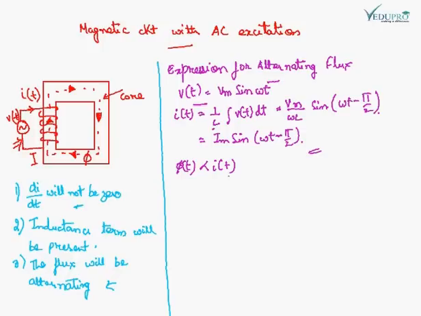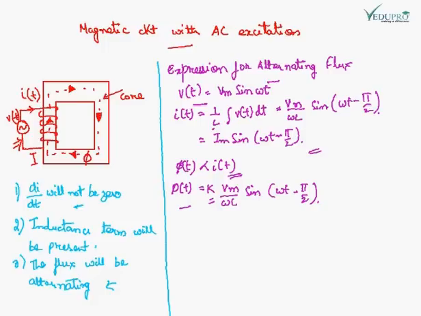As we know, the core flux will be proportional to the current if the core is not saturated. So you can write that the flux is equal to a constant times Vm by omega L sin(omega t minus pi by 2). Thus the core flux is sinusoidal and lags behind the AC voltage by 90 degrees.